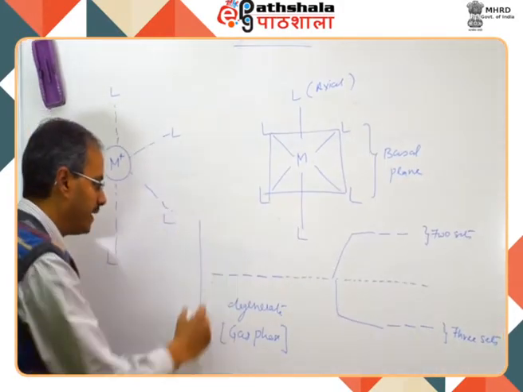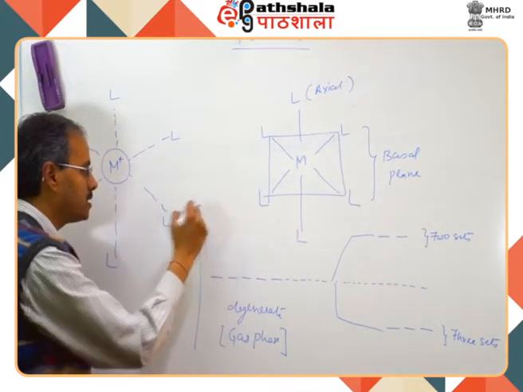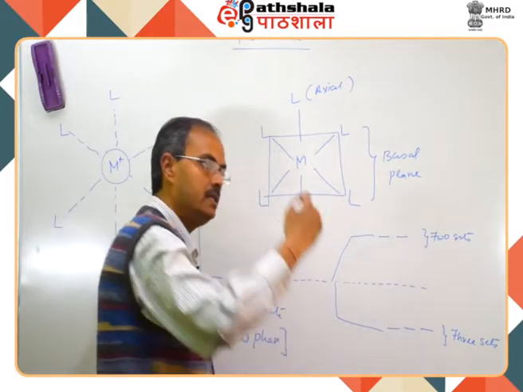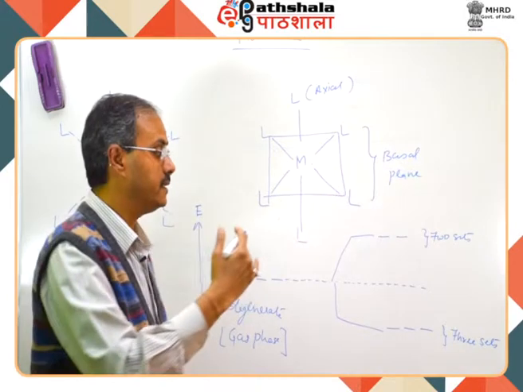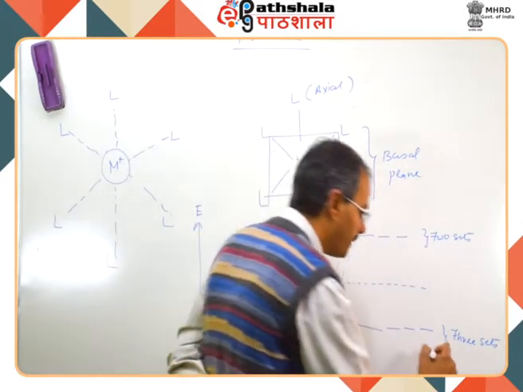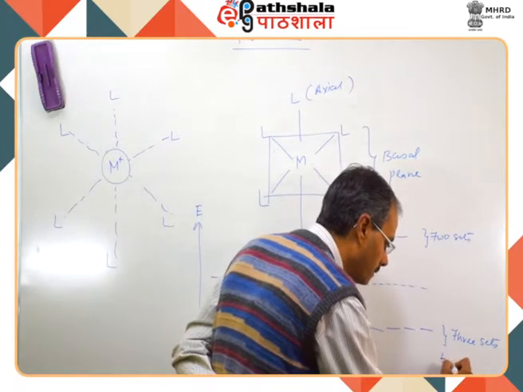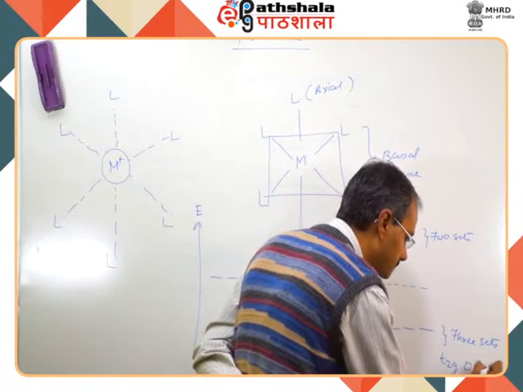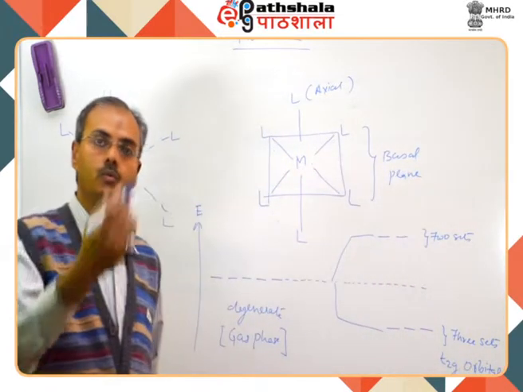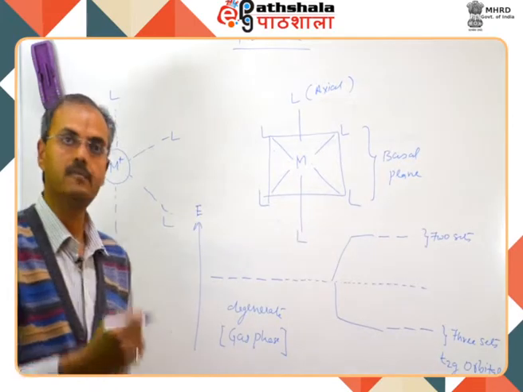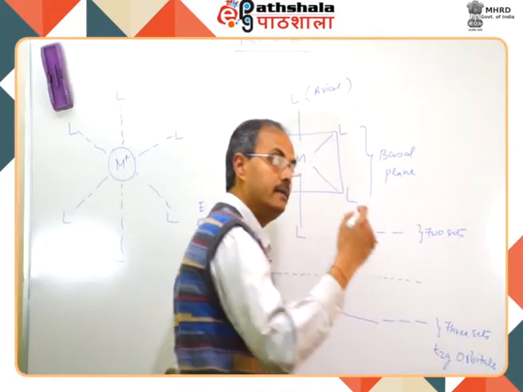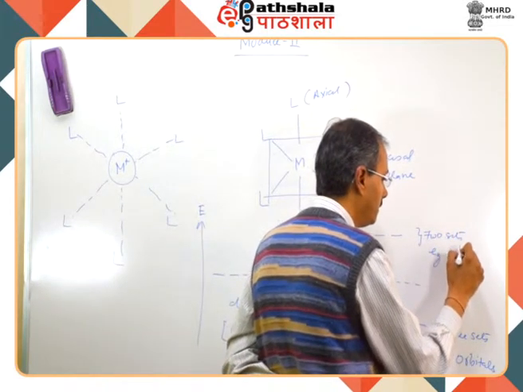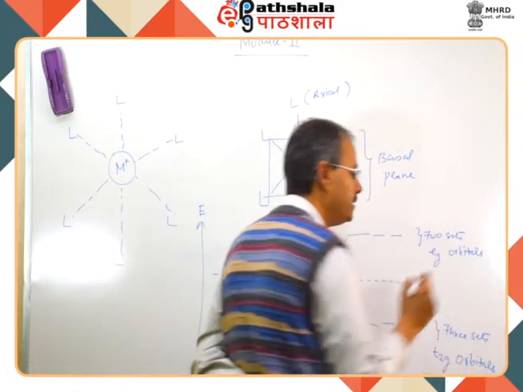So these 3 orbitals which are lower in energy are stabilized. This set of orbitals is called t2g orbitals, and the 2 orbitals which are above the barycenter, higher in energy, are called eg orbitals.